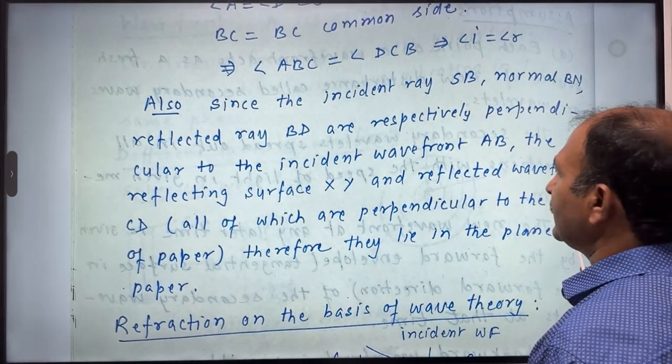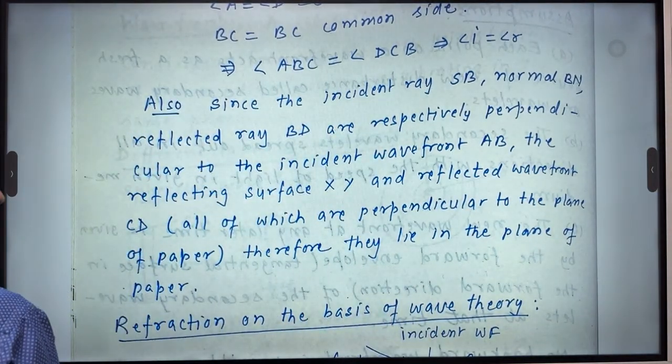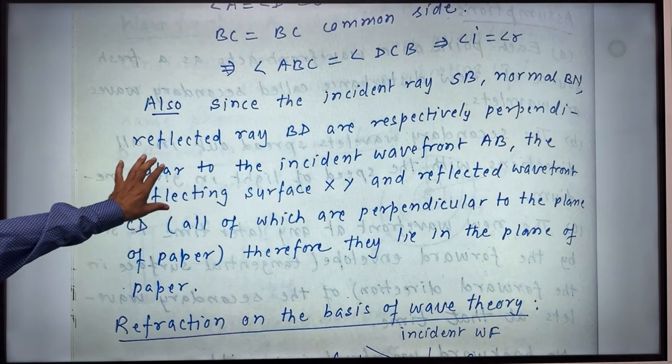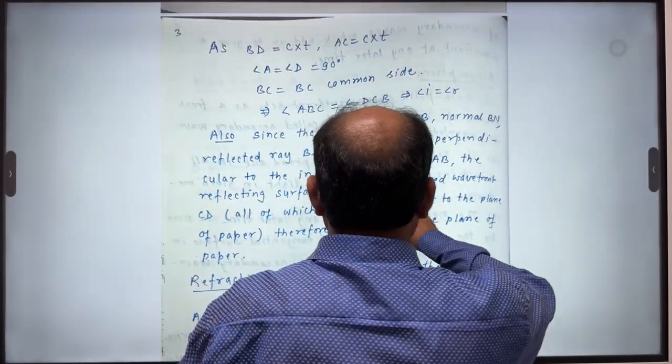Therefore, they lie in the same plane of paper. So, you know that there are two laws of reflection. Both are proved here by using the concept of wavefront. Correct?